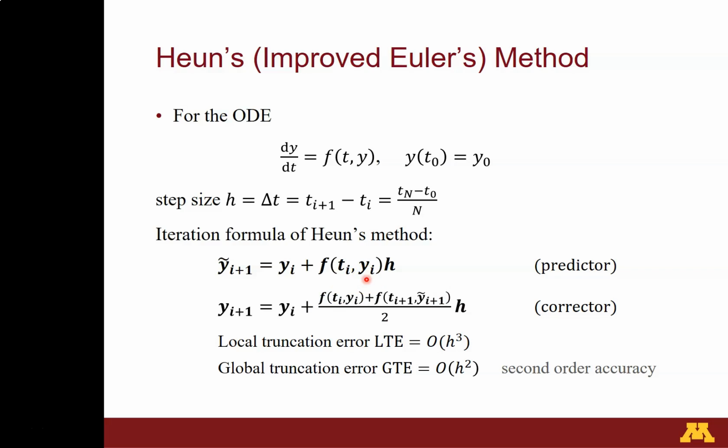And then using the estimate of the Euler method to calculate another slope. See here. And then taking the average of these two slopes. So this is the new slope for the Heun method, for the improved Euler method.